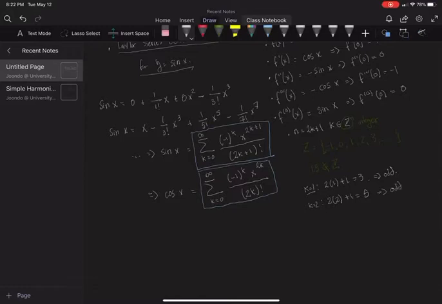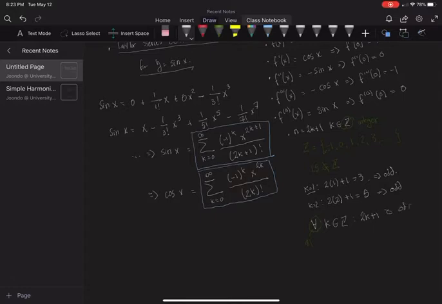And eventually you'll find that for all k belonging to the integers, 2k plus 1 is odd.